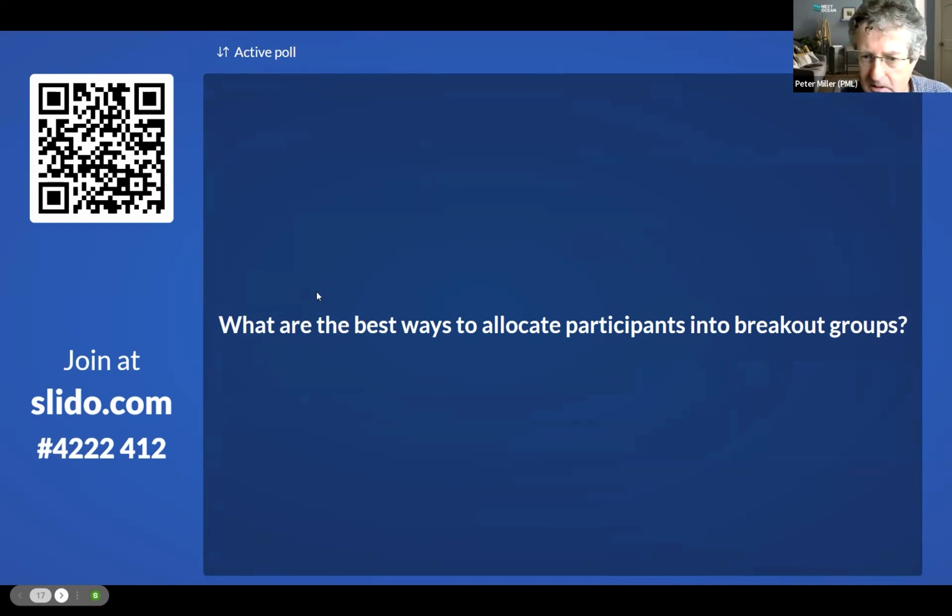So what are the best ways to allocate participants? If you have, say, 30 people at a co-design event, what are the best ways of grouping people together to make smaller groups? You could do it at random. You could do it by what sector of the industry they are. Like for our project, we have fisheries and aquaculture as two distinct sectors.